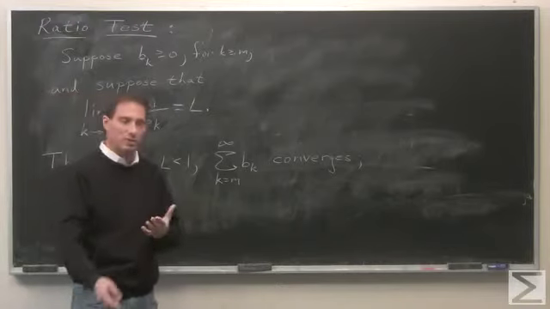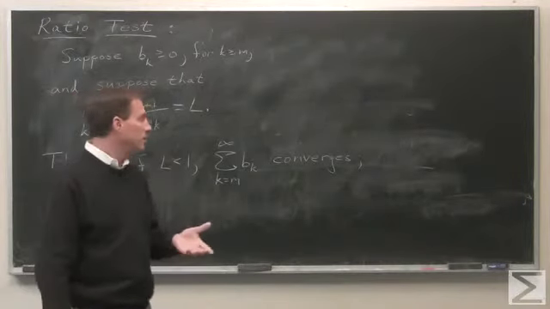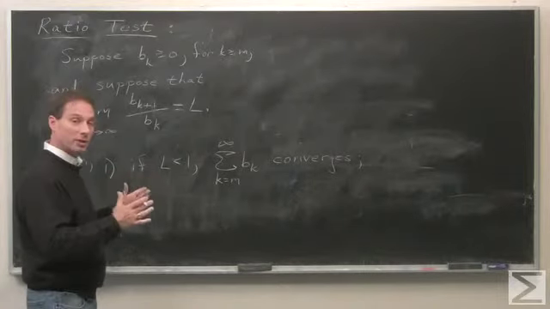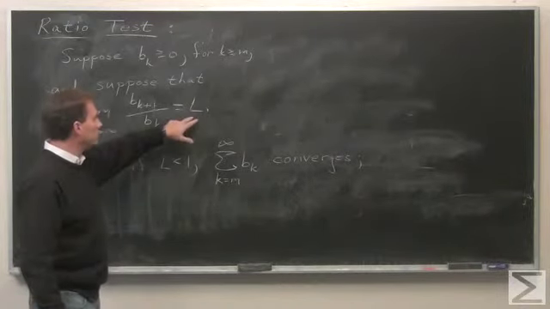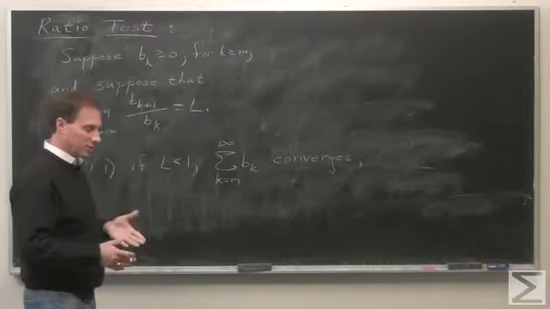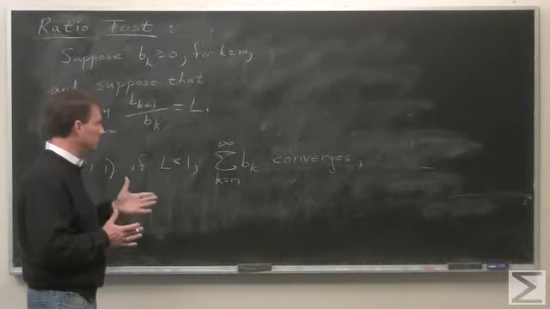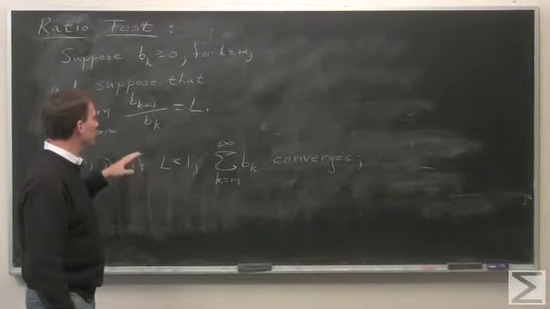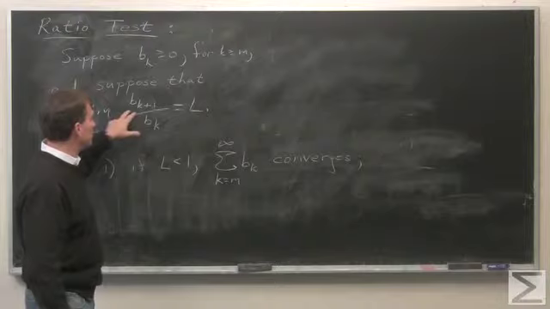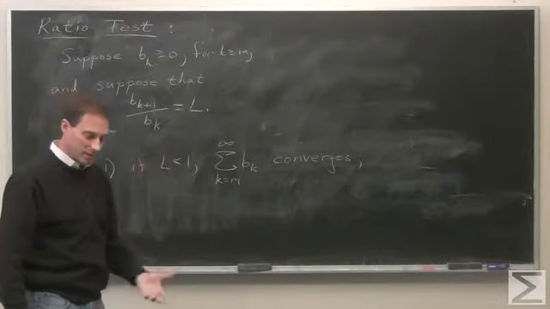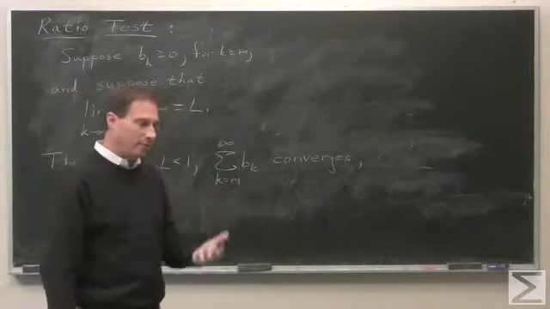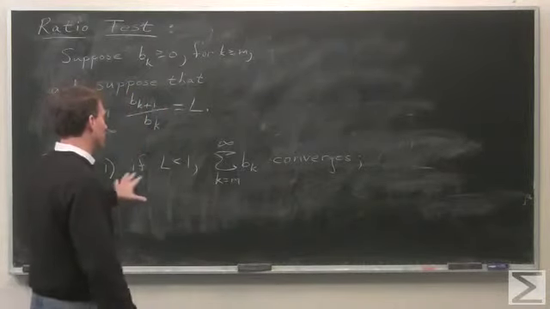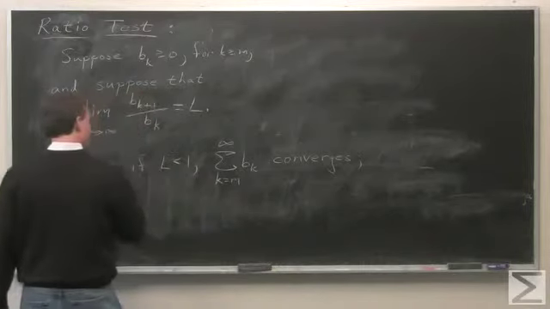So it's like you go from one term to the next by multiplying by L. So it's as though you've got a geometric series where the thing you multiply by each time, which we normally call R, is this L. But if you had a geometric series with the R less than 1, you'd know it converged. Well, this looks like that when k is big, because b sub k plus 1 is approximately L times bk. And if L is less than 1, then it looks like a geometric series where R is less than 1, and you would expect convergence.